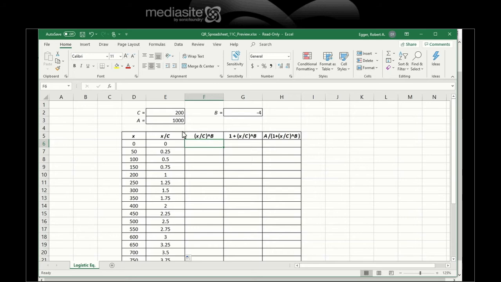So I'm going to put it in: equals x over c, and then we'll raise it, little up arrow, to the b power. And again, I'm going to move around, I don't want this shifting on me, so I'll anchor it.